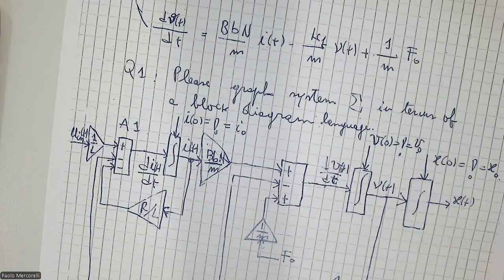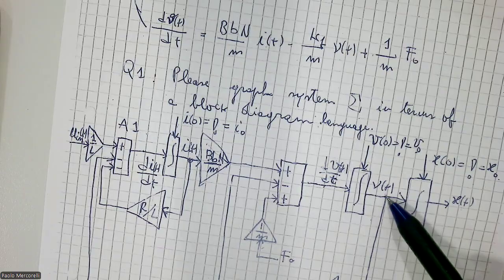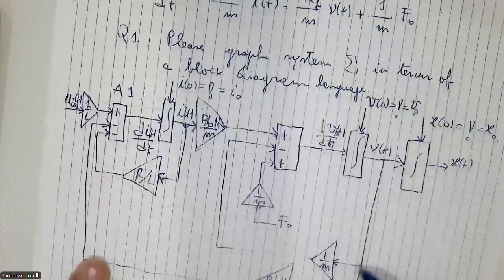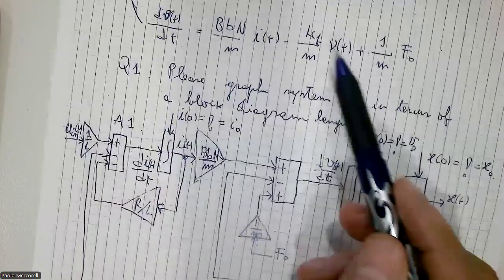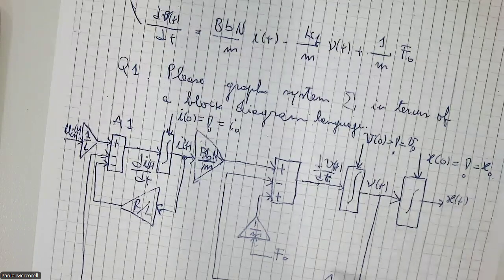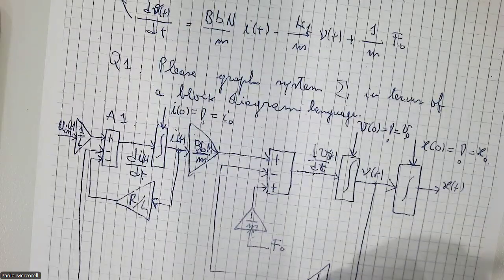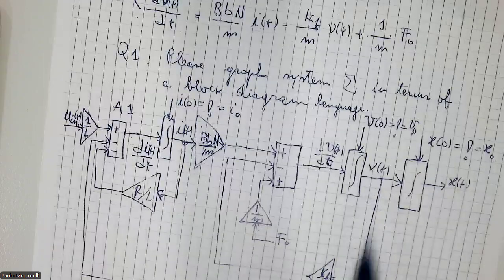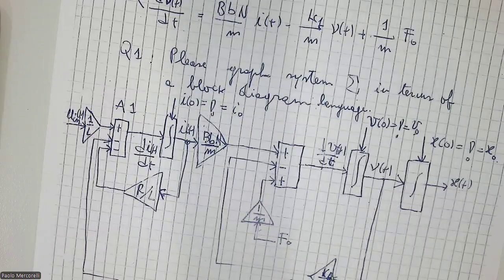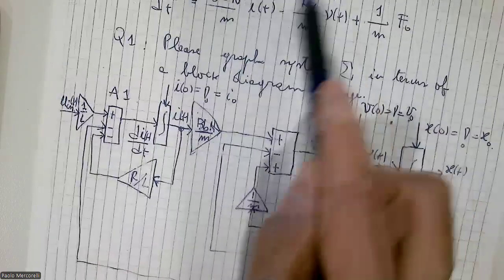For more clarification, you have to look at the other video, but v multiplied by 1 divided by m. So I forgot kf here, excuse me. Now, v multiplied by kf divided by m, with minus.